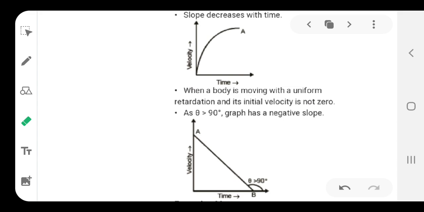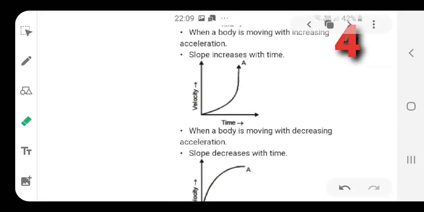Again, the further type of velocity time graph is when the body is moving with increasing acceleration. Now, there are lots of types of graph coming to you.